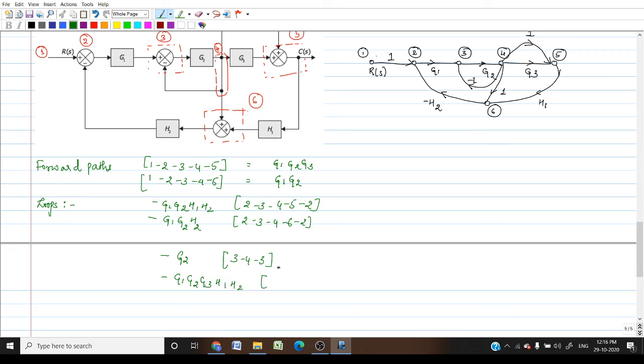Now this is similar to the first one, but initially for loop 1 we had taken the path from 2 to 3, 3 to 4, 4 to 5, and from 5 to 2. But now we'll be taking from 3 to 4, then 4 to 5, and from 5 to 2 again.